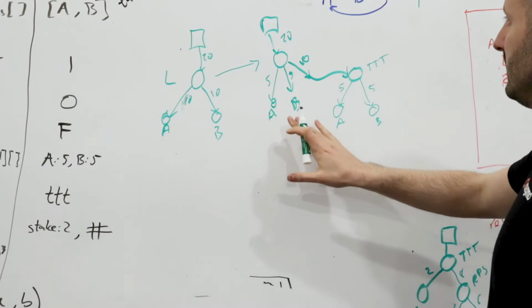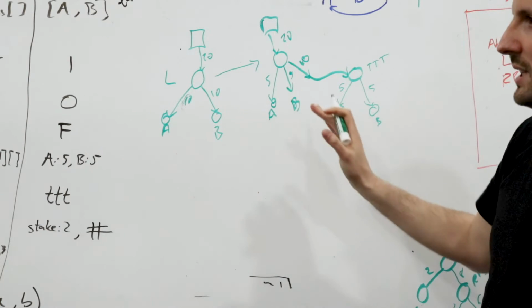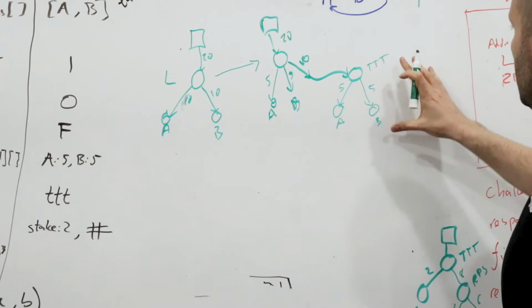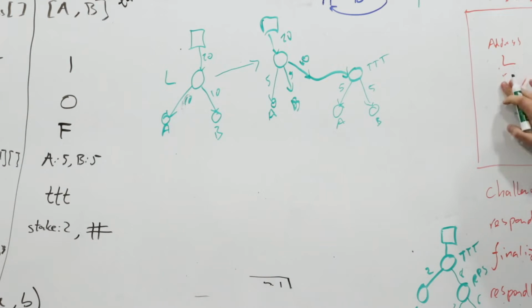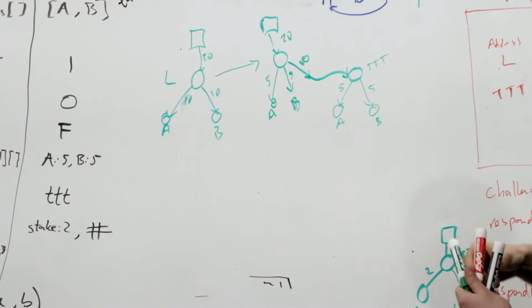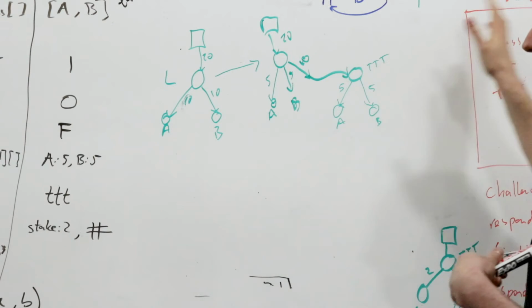Due to the rules of how state channels work, at any point here, if I challenge on tic-tac-toe, that would look like this. All these things work independently. So tic-tac-toe has a balance of 0, but it could still have a challenge, and it could still have an outcome of A4, B6, which I could at some point in the future challenge with this one.